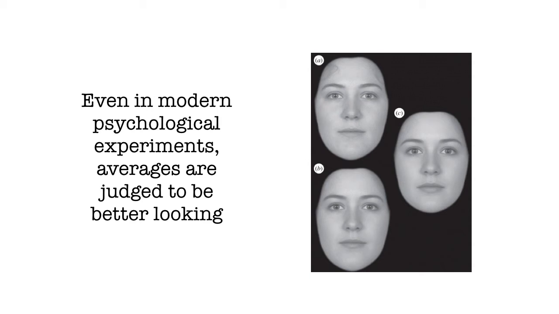B is an average of the structural features, that is, the individual shapes of all those features averaged out. And then C on the right is the average of both the light and dark and the structural features. For most viewers, face C is judged to be the most attractive of the three.